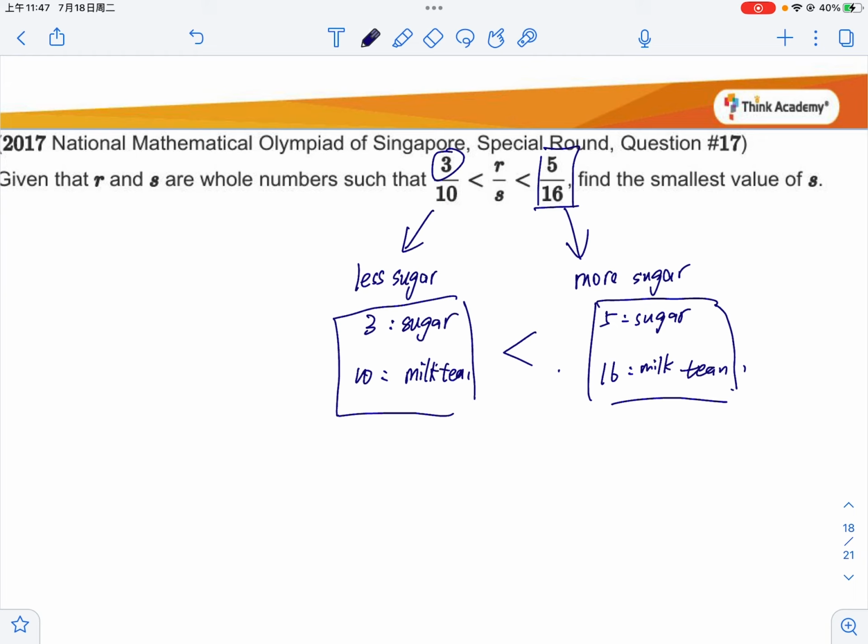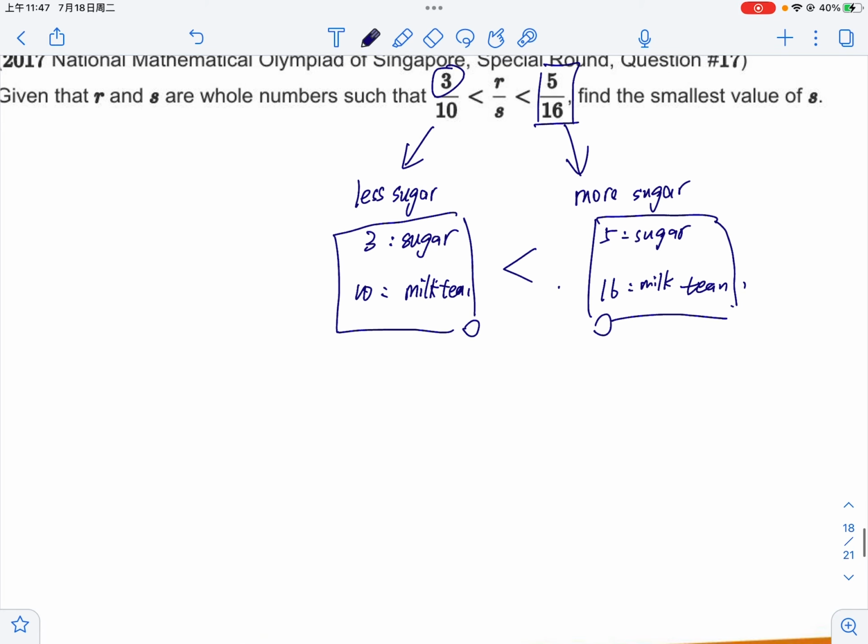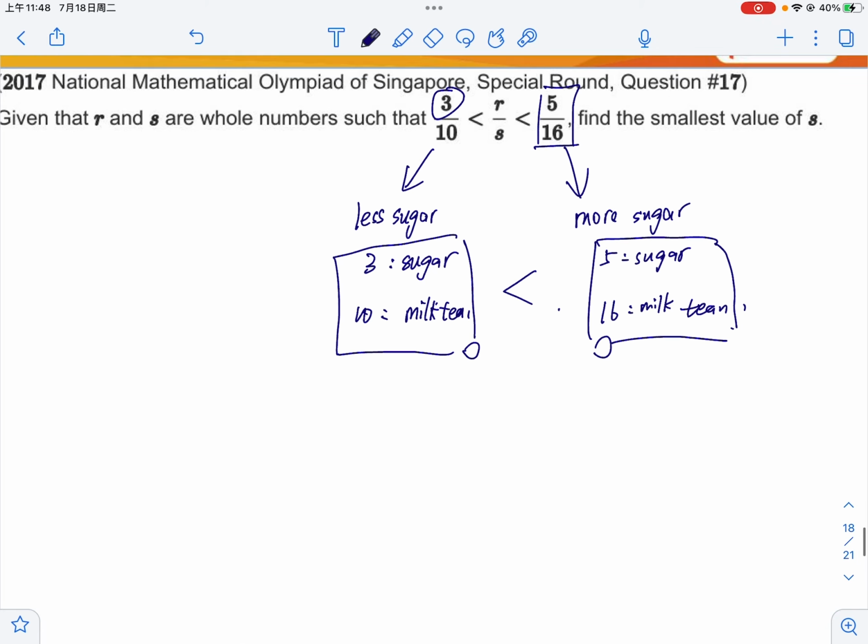Why? Because the question tells you this one is smaller and this one is bigger. So if I want to find a cup of milk tea whose sweetness is between the less sugar and the more sugar, the easiest way is to put this cup and this cup together into a big cup.